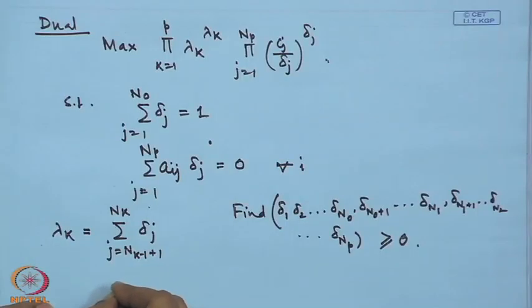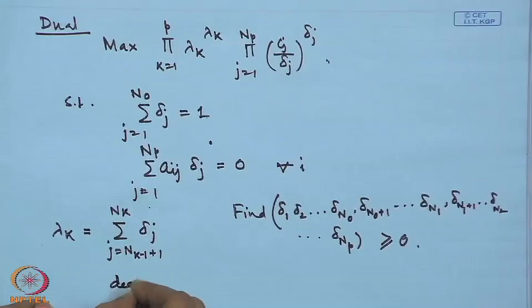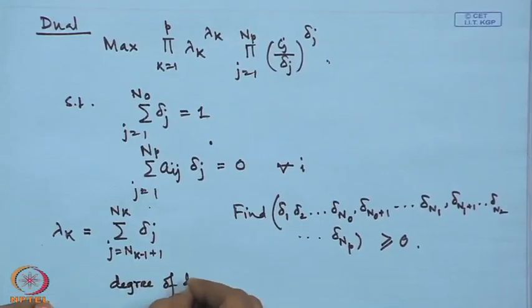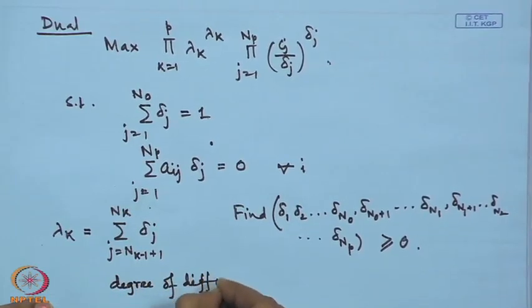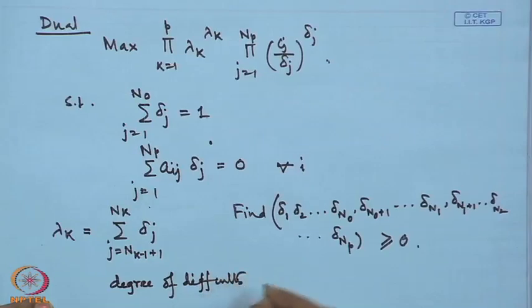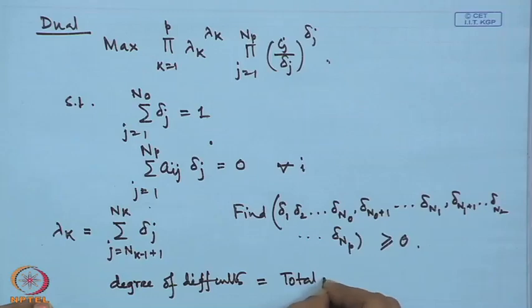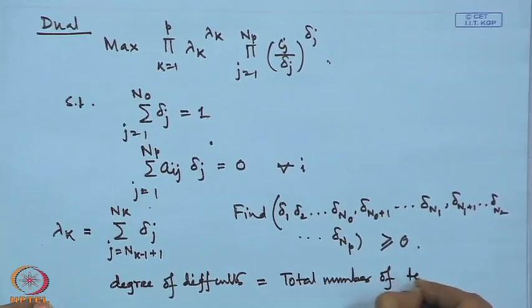Generally the degree of difficulty we consider for the constraint geometric programming problem as total number of terms, means total number of monomials, total number of terms in the polynomials involved in the objective function as well as constraint.